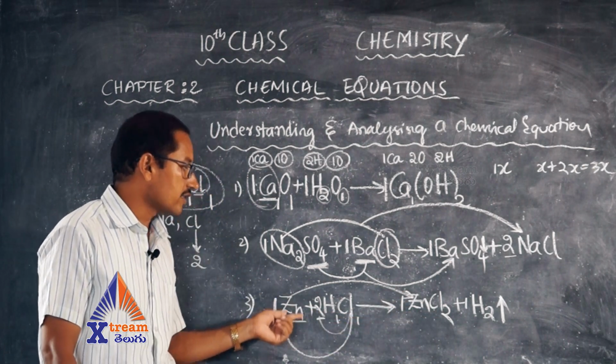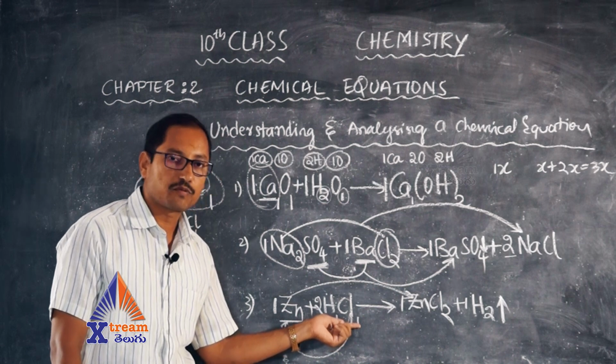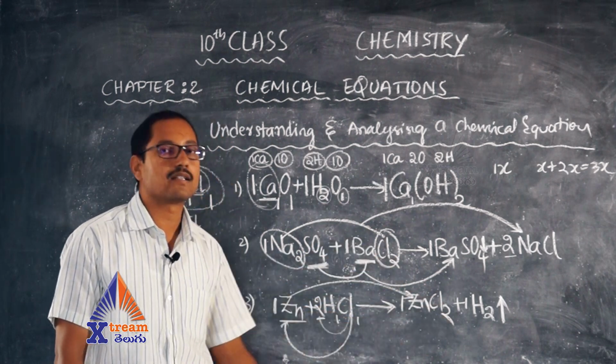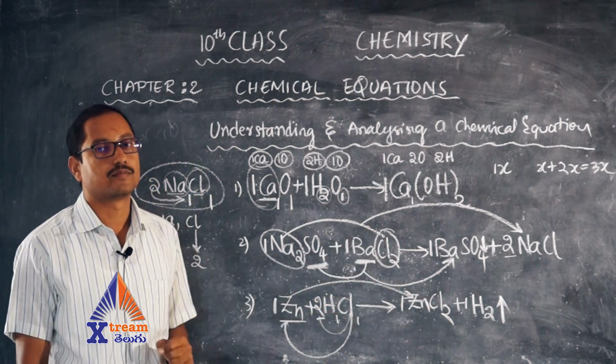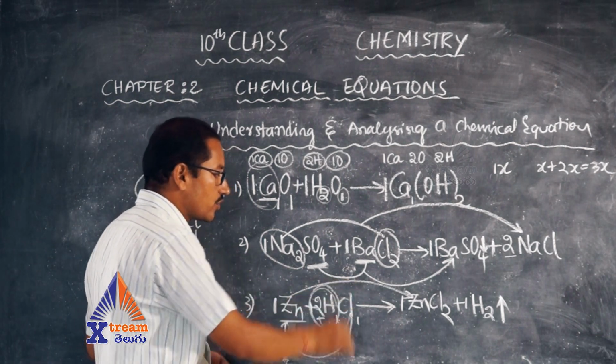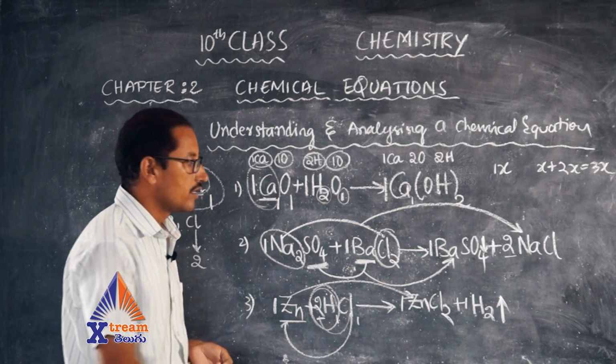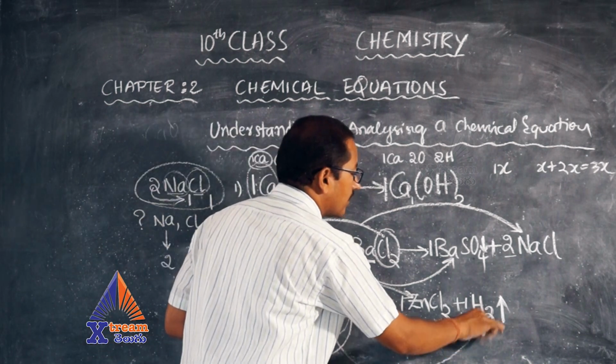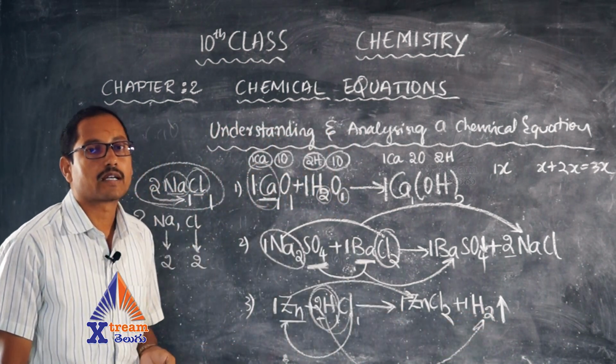So 1 zinc atom from here, 2 chlorine atoms from here, giving us ZnCl2, zinc chloride. What is left out here? The 2 hydrogen atoms are left out. They are giving us hydrogen gas, H2 gas.